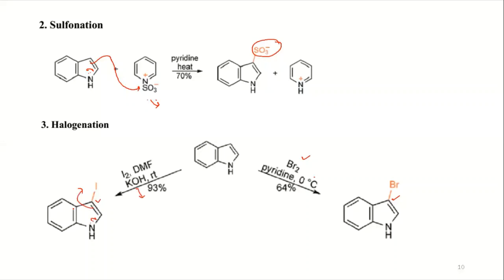Okay, you have I. So this is the situation. Here bromine will also have a similar situation. The only changes are that here KOH has been used as the base, and here pyridine has been used as the base. Those are tiny changes, but the reactions are of similar mechanism.